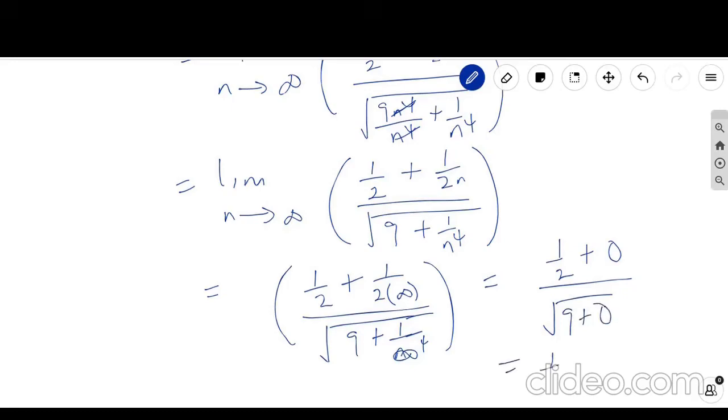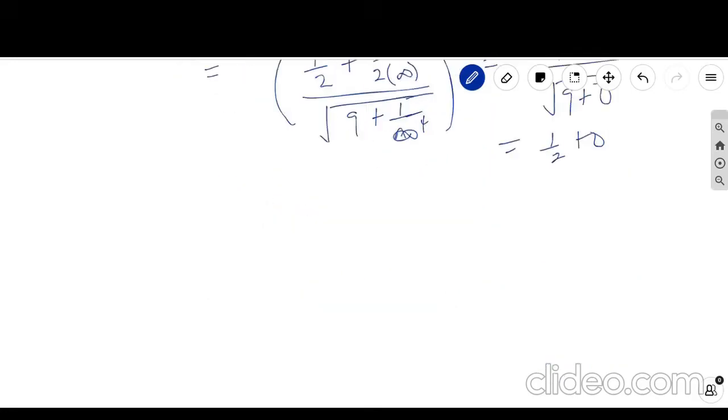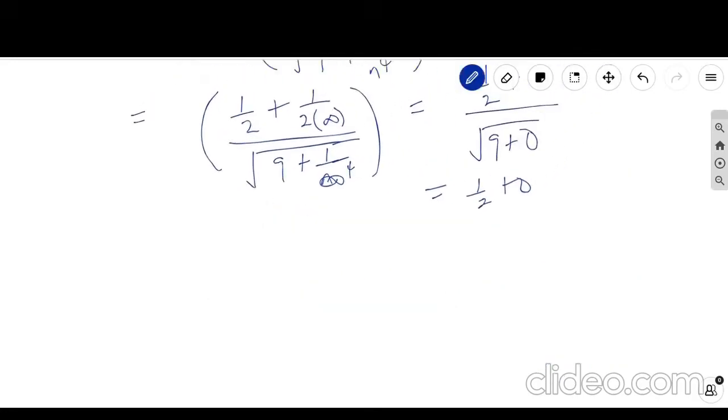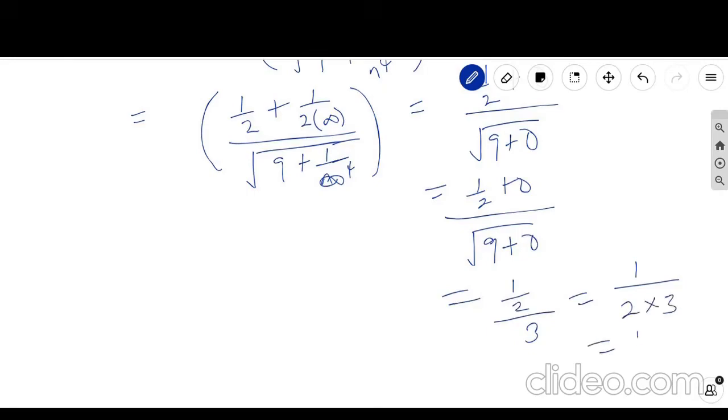So we have 1 over 2 plus 0 over the square root of 9 plus 0, which is 1 over 2 over the square root of 9. The square root of 9 gives 3, so it is 1 over 2 times 3, and that will be 1 over 6.